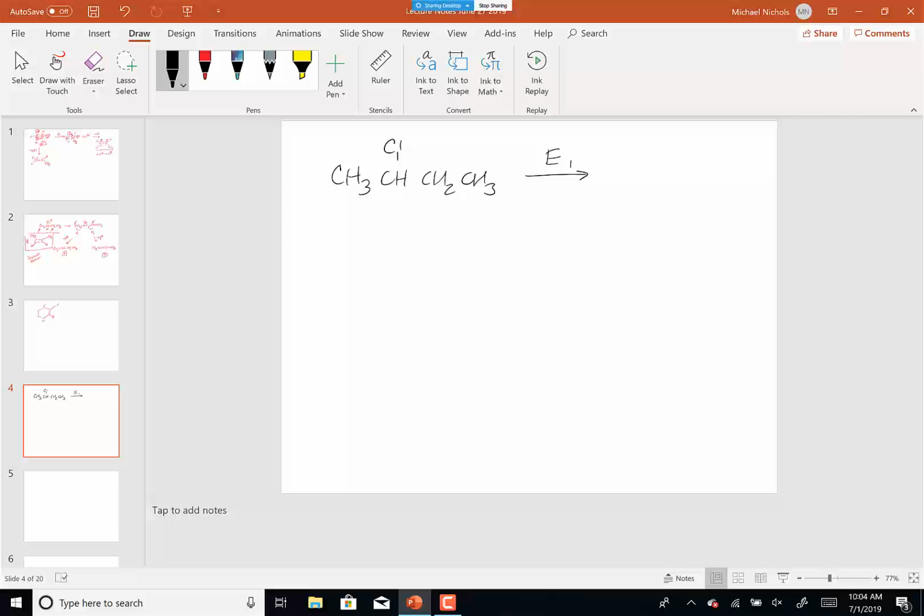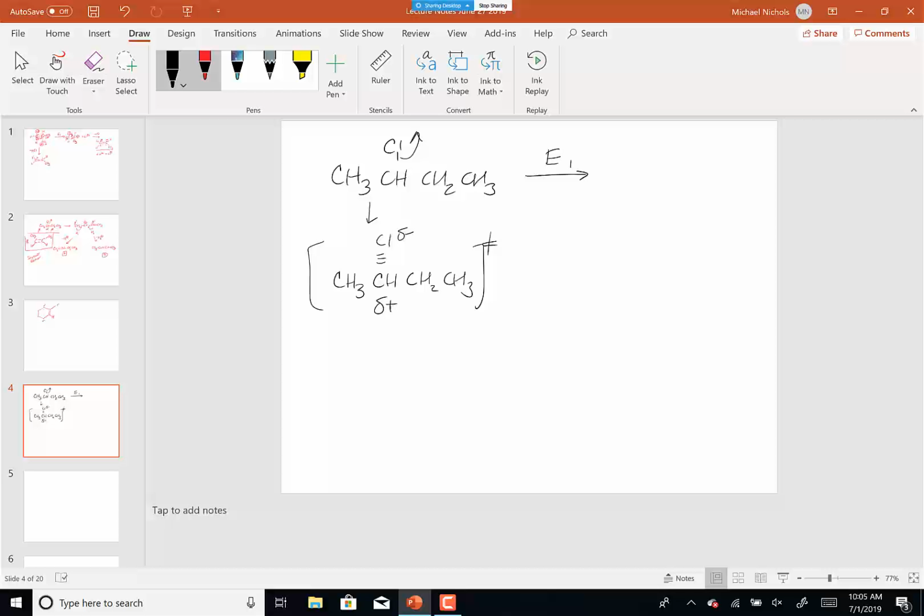So let's write the complete mechanism for this. And the first step is going to be break the carbon-chlorine bond, so that I'm going to go through a transition state that looks exactly like the transition state for the first step in SN1 because they share the same step.